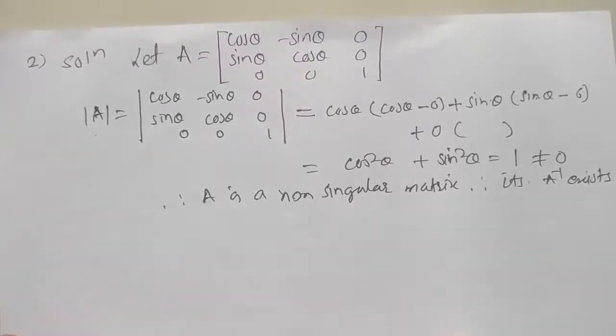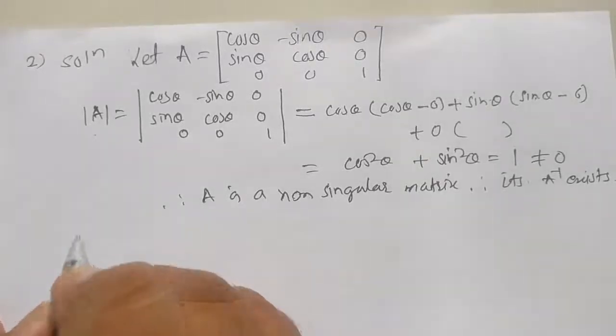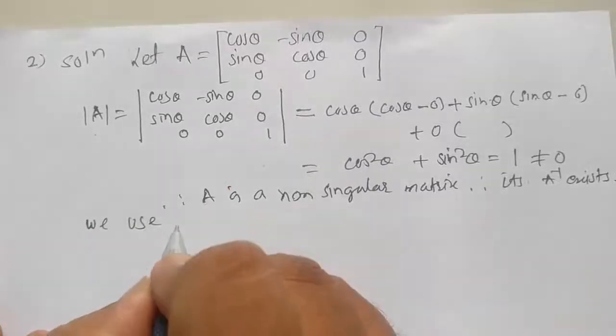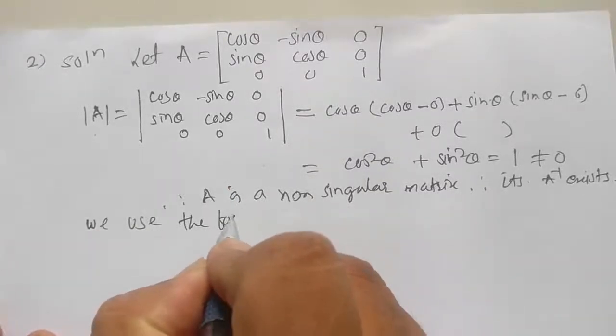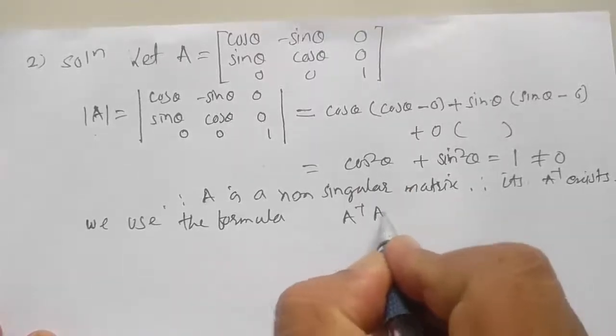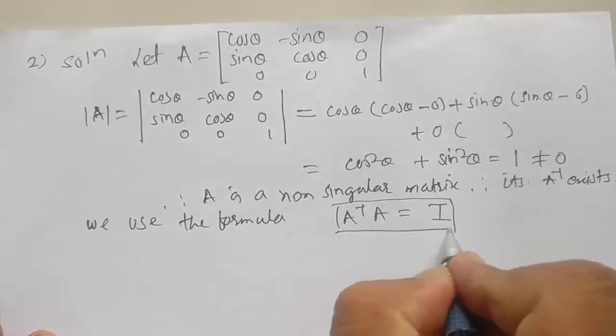Now we proceed to find A inverse by column transformation. For that, we use the formula for column transformation: A inverse into A is equal to I. Always use this formula for column transformation.